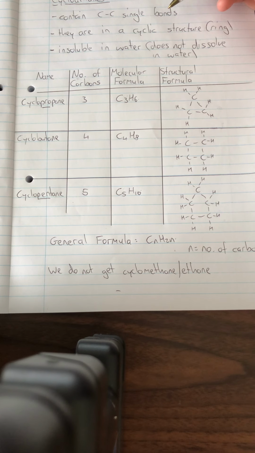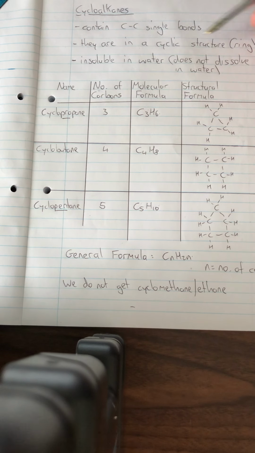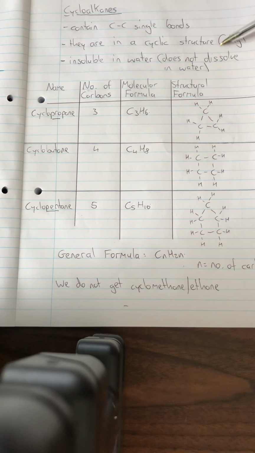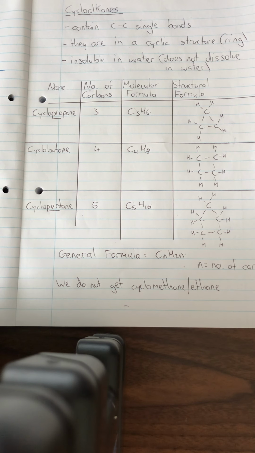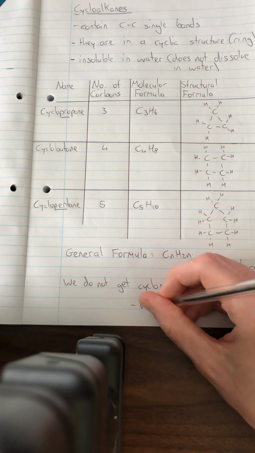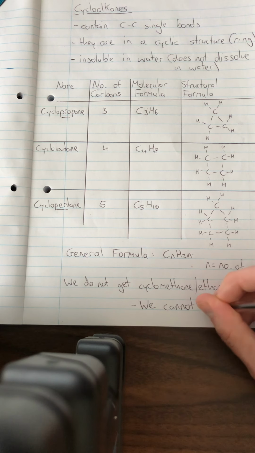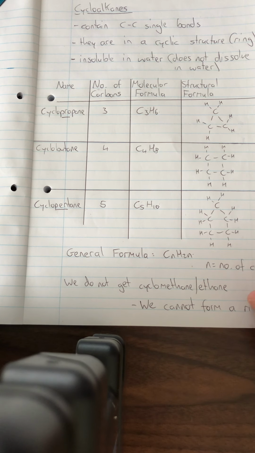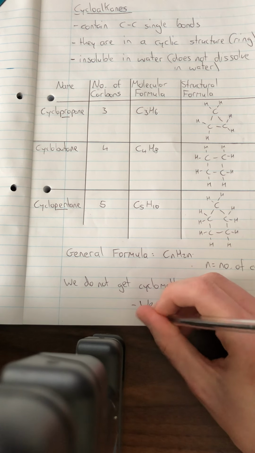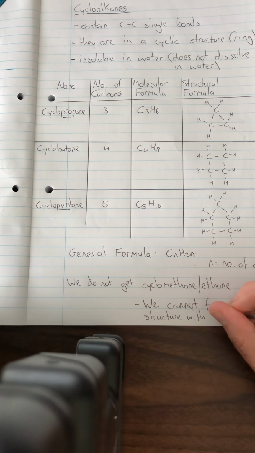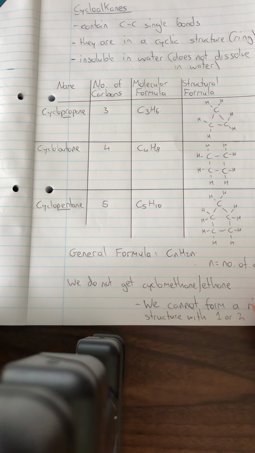It's because, remember, they have a ring structure, cycles. We can't form a ring with one carbon. We can't form a ring with two carbons. It's impossible. So the reason we don't get that is because we cannot form a ring structure with one or two carbons.